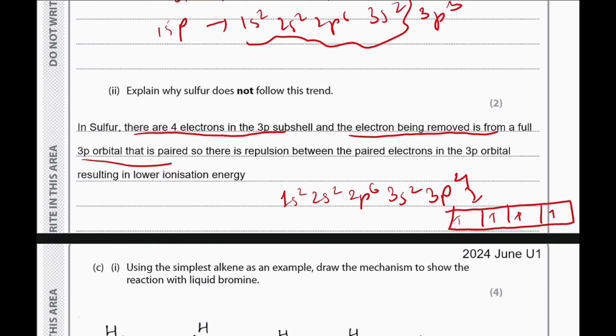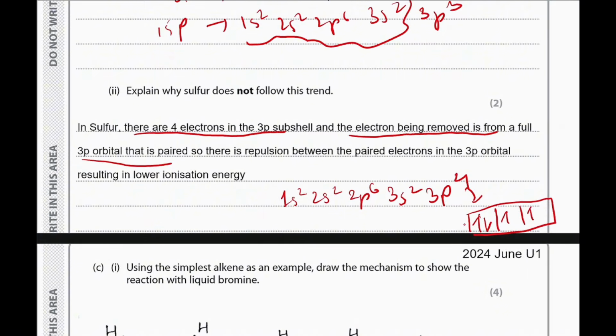So if you see, there is one orbital where an electron is paired in the sulfur atom. So the fourth outermost electron is in a paired state.